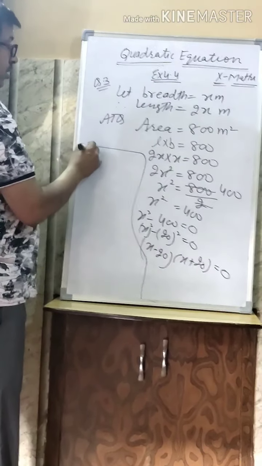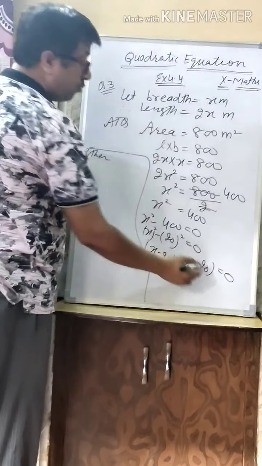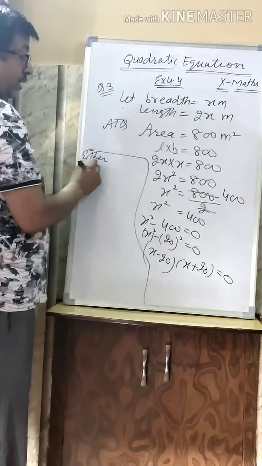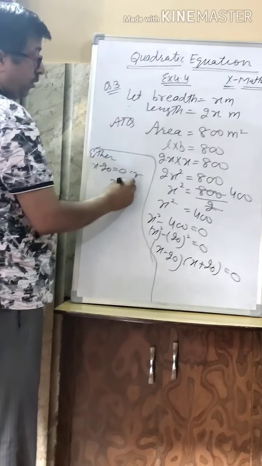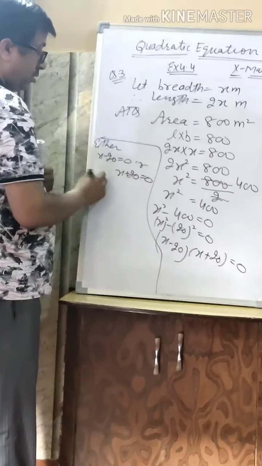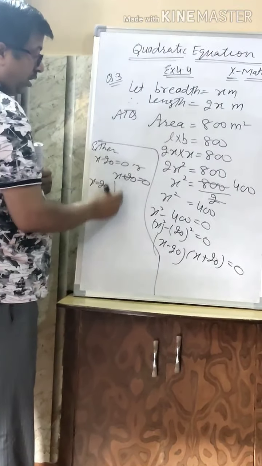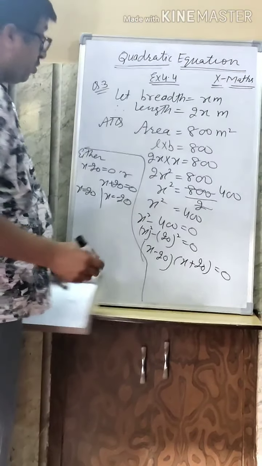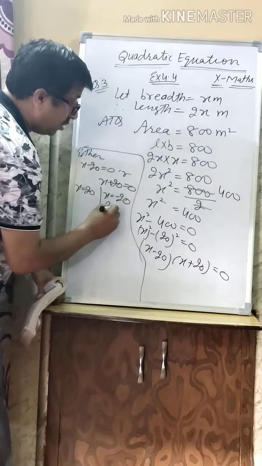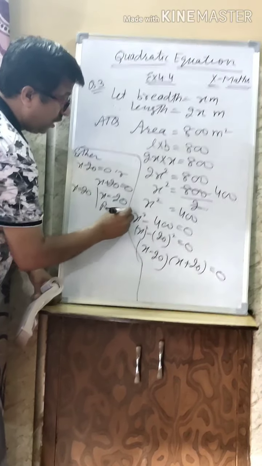So what do you say? If the product of two factors is 0, then either x minus 20 is equal to 0 or x plus 20 is equal to 0. So x is equal to 20, x is equal to minus 20. This minus 20 is rejected. Why rejected?